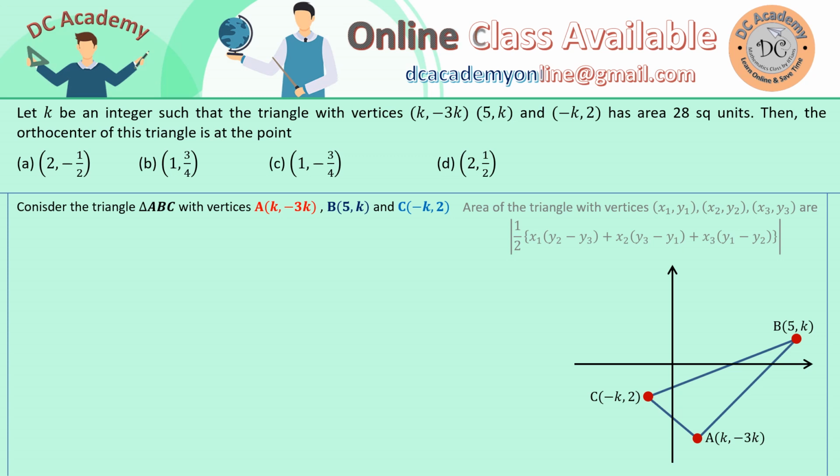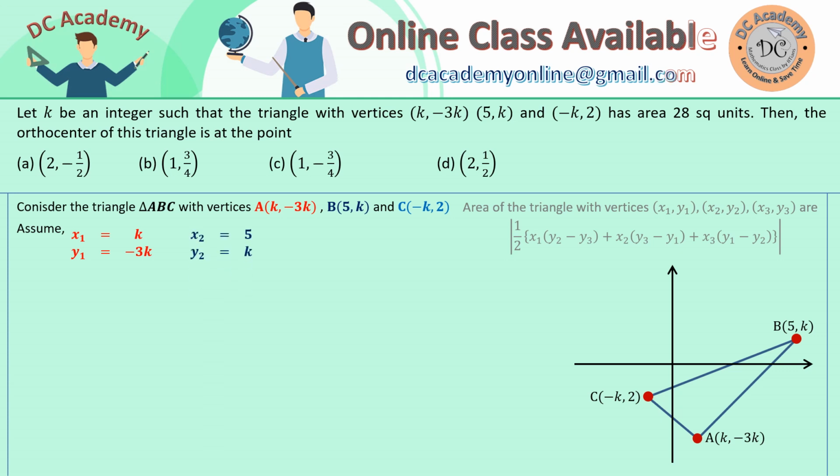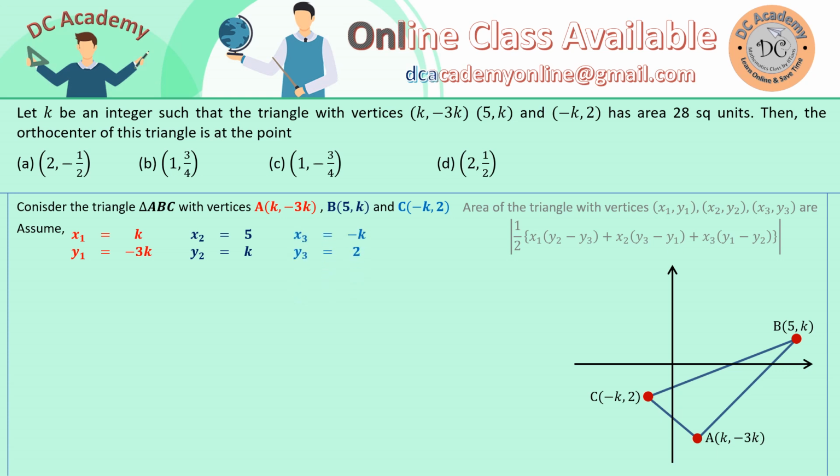So we consider x1, y1 corresponding to the point A: x1 is k and y1 is minus 3k. We consider x2, y2 corresponding to the point B, so it will be 5 and k. And obviously x3, y3, the remaining one, is minus k and 2.